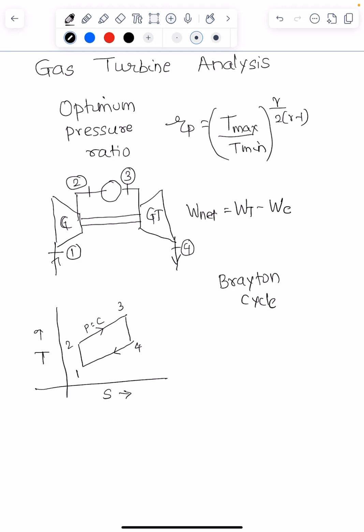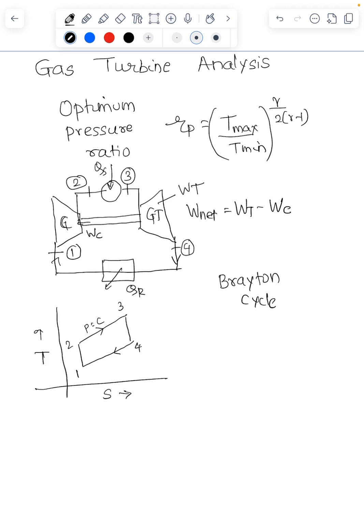So this is a pretty simple representation of the gas turbine power plant on a Brayton cycle. This is the heat rejection. This is a closed cycle which I have drawn. This is the heat supplied. Here you will get turbine work, and this is where the compressor work is consumed.